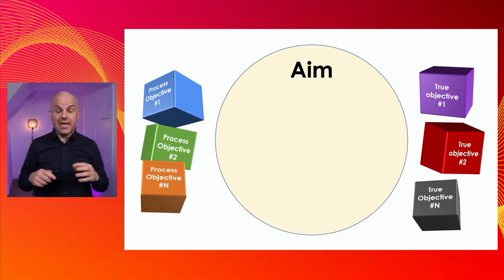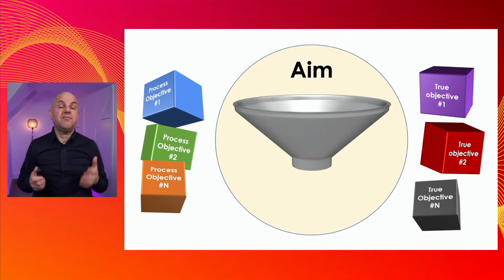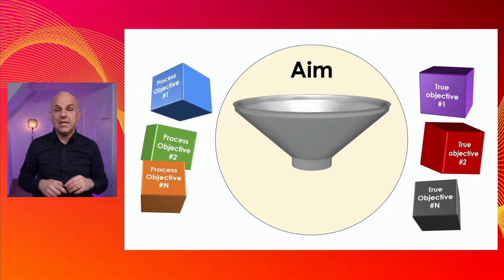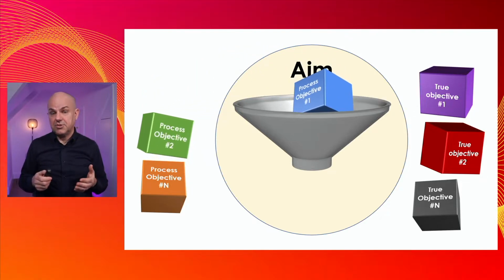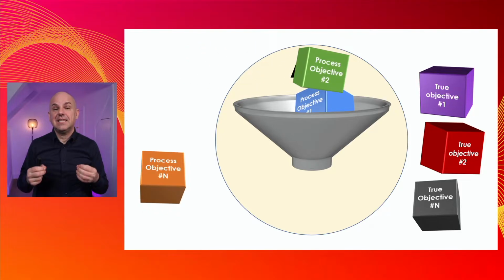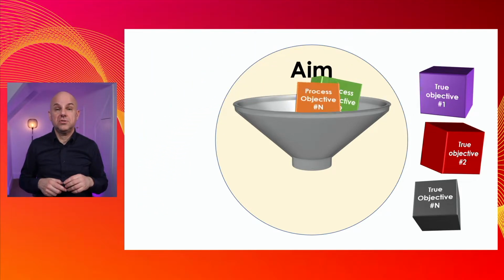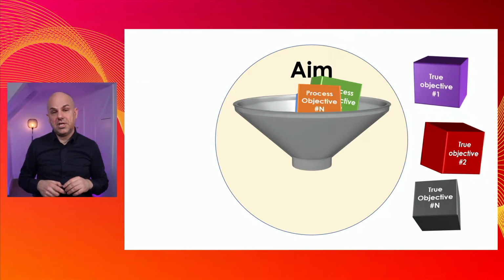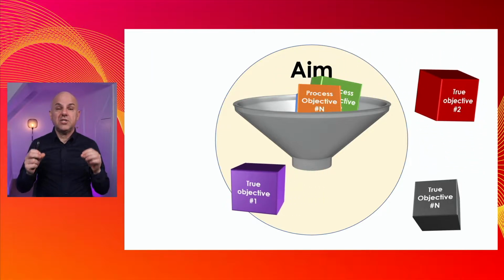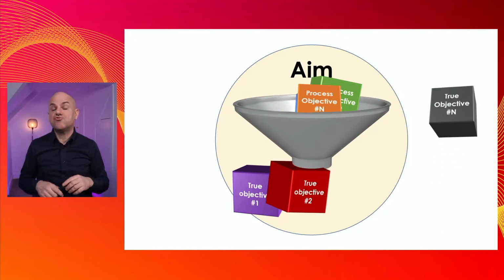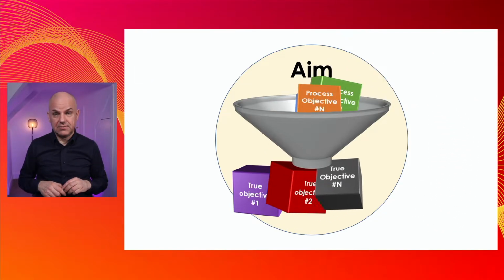And if you look at it in your research, you define objectives that are reflecting the tasks that you have to do, and those are the process objectives. They are the activities that are required in order to achieve something, and that something are the true objectives. The true objectives are those questions that initially drove your research.